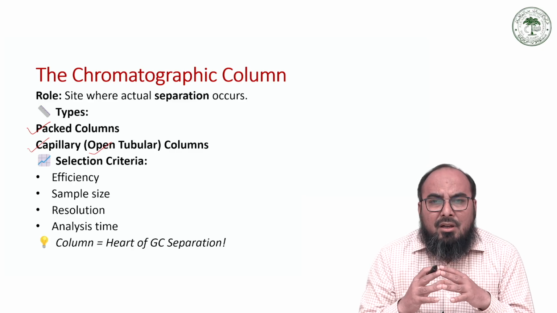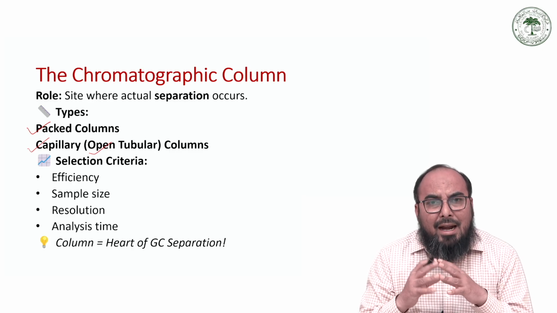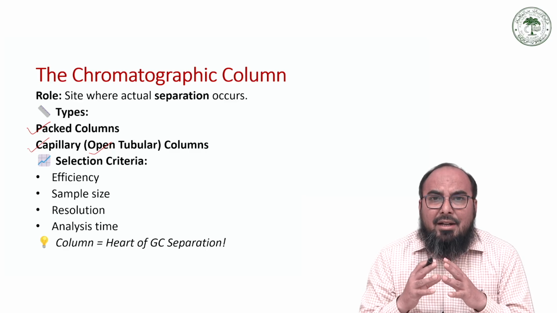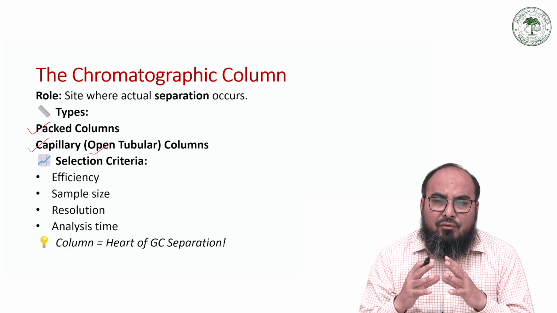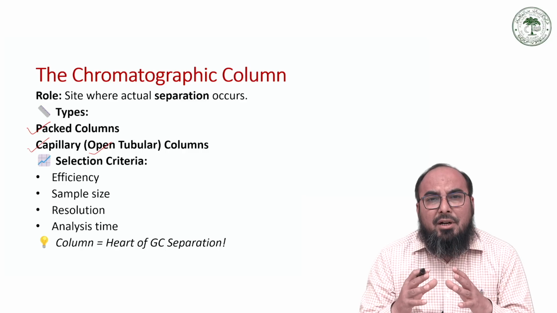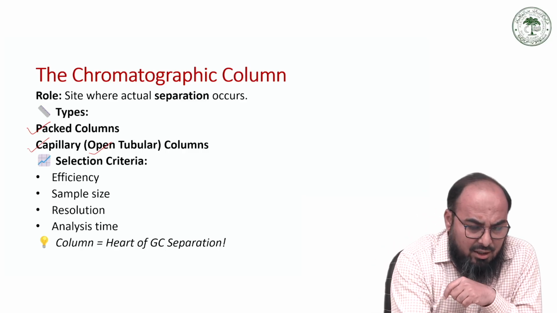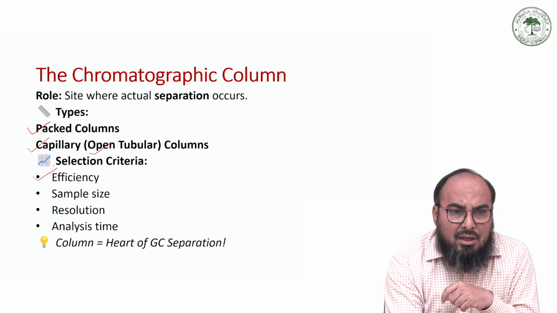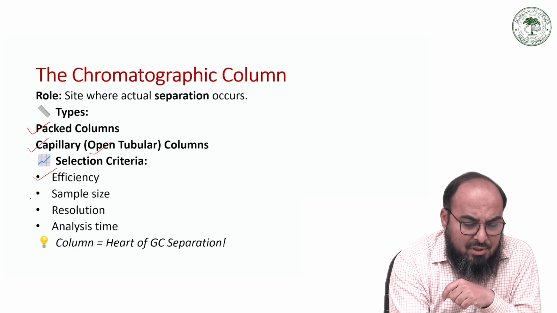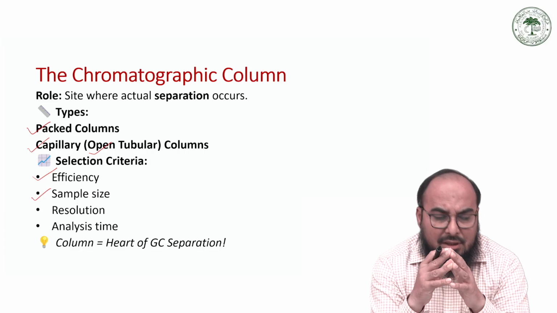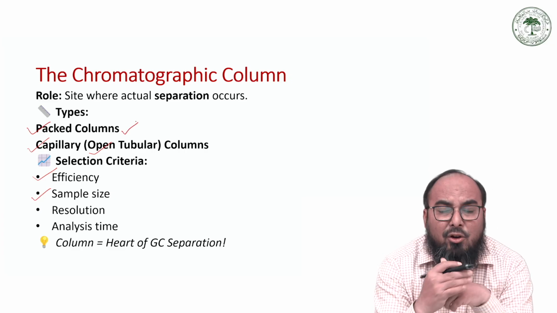Before going into the detail of the packed column and the capillary column, what are the criteria on the basis of which we decide the utility of a particular column with regard to separation? The important criteria are efficiency and, the foremost one, sample size. For example, if we are using a large sample, then of course we have to go for the packed column.